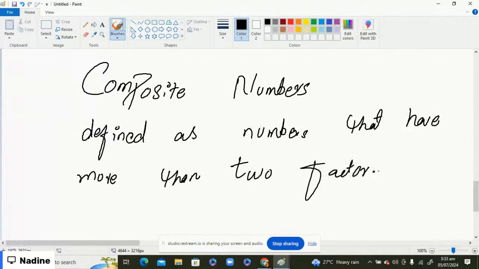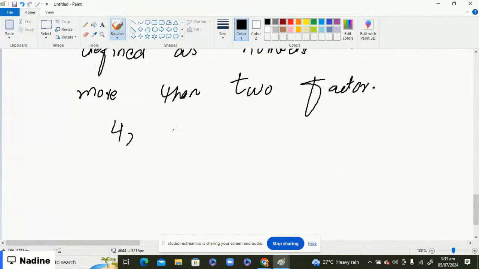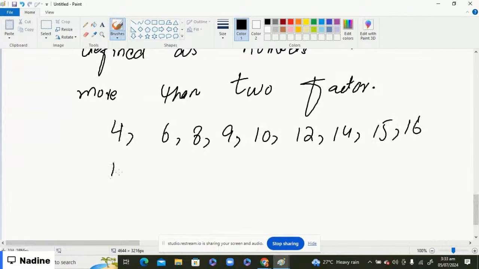So these numbers are called composite numbers. For example, 4, 6, 8, 9, 10, 12, 14, 15, 16, 18, 20, and so on. These are called composite numbers.